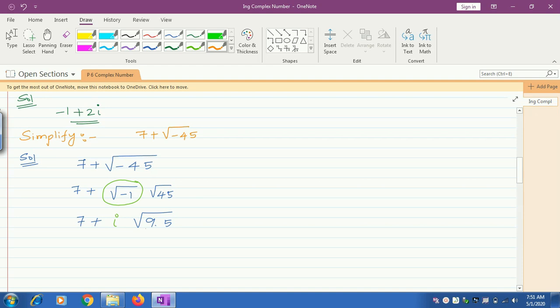If I take 9 outside, you will get the answer 7 plus i 3 root 5. So this is the answer.